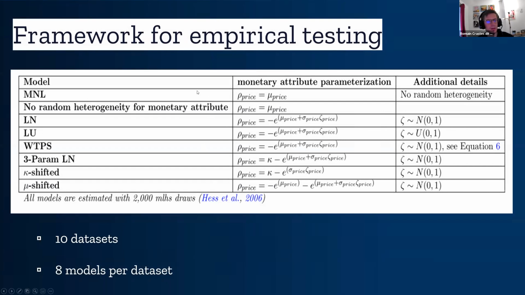So the multinomial logit, the approach where there is no random heterogeneity for the monetary attribute, the log normally distributed price, the log uniform price, and the willingness to pay space approach. We are going to use 10 data sets, and so that's going to be 8 models per data set. So we estimate 80 models in total using 2000 MLHS draws to approximate the distributions in all cases.